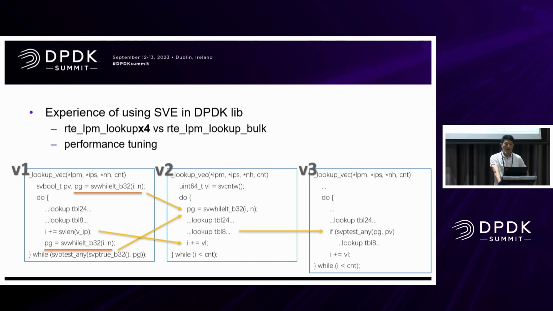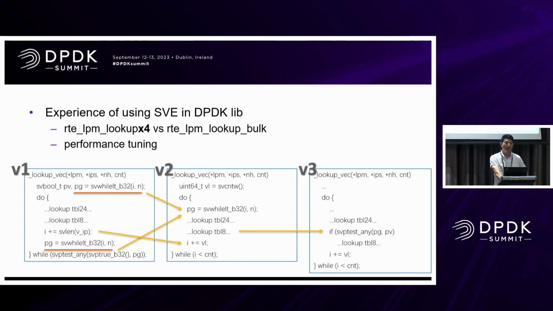Okay, and another optimization. Look at the logic. The LPM lookup is comprised of looking up in two tables. We can call them table 24 and table 8.